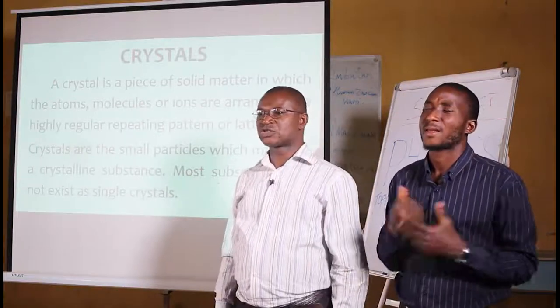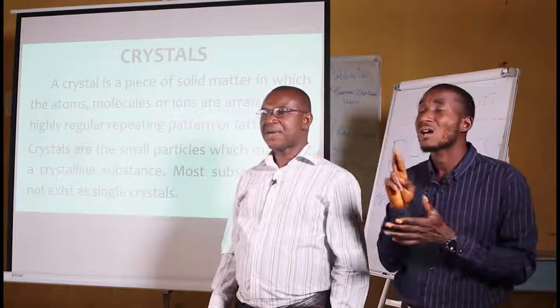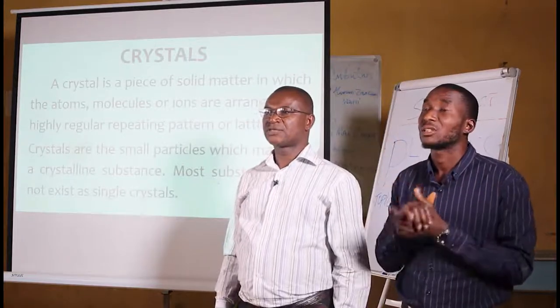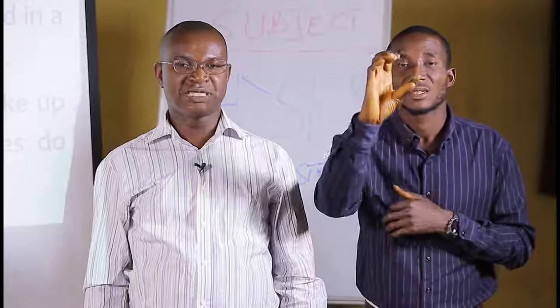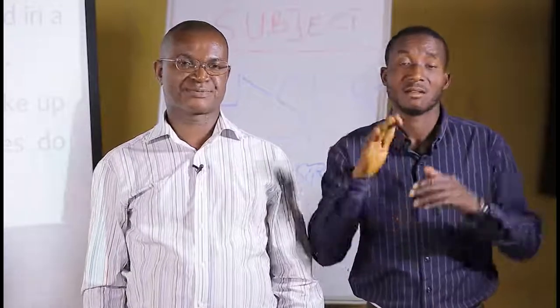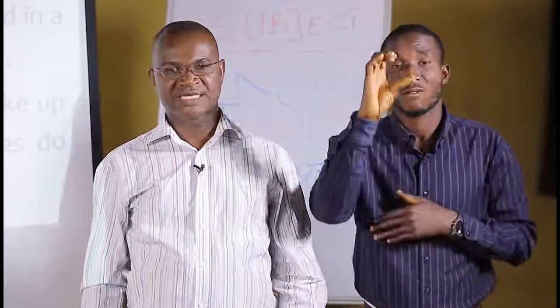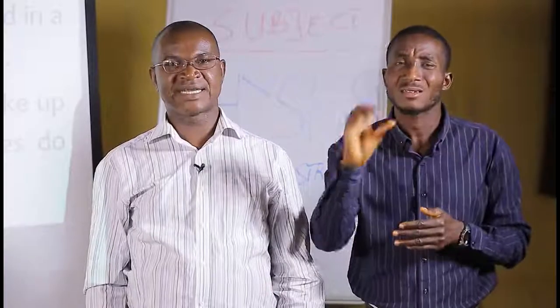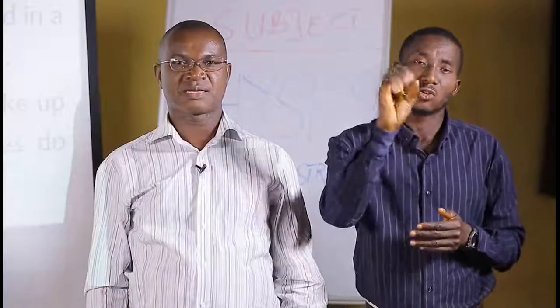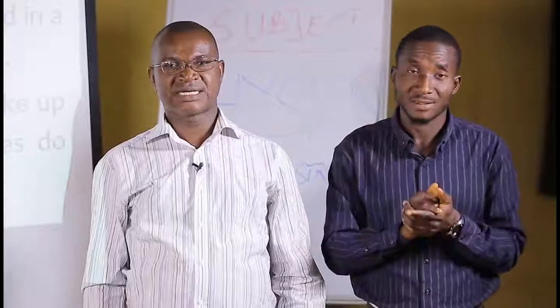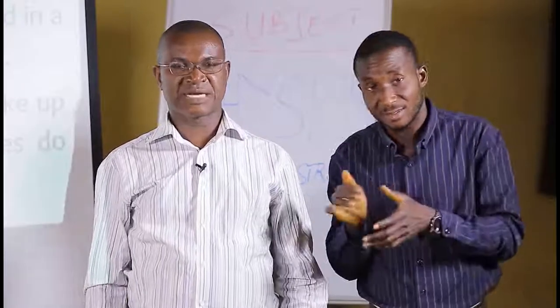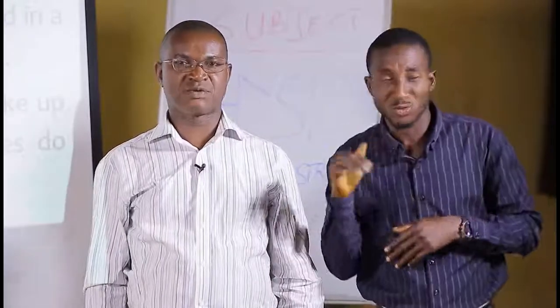He went on to let us know that there are basic cells which are building blocks of crystals. What he actually said is that a crystal is solid matter arranged by particles in a definite way.